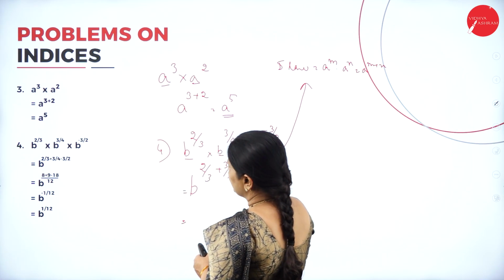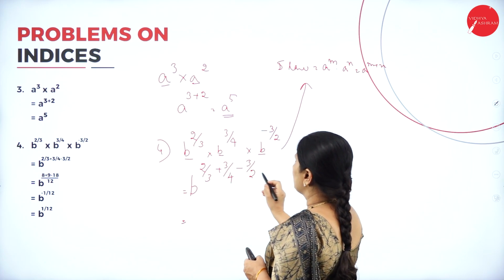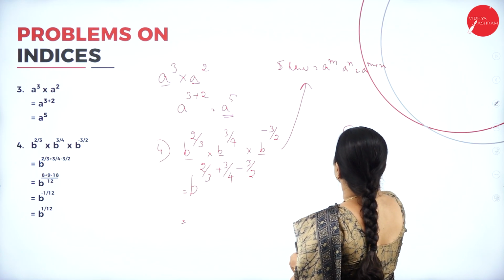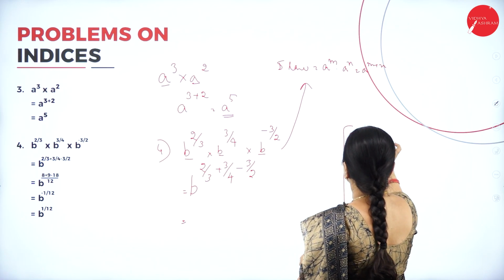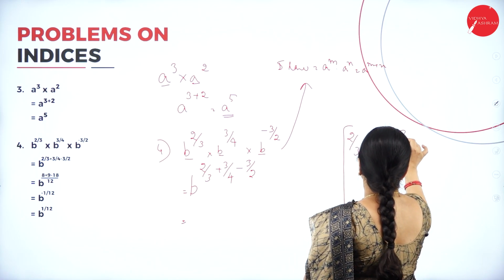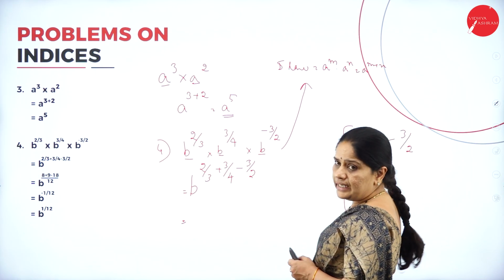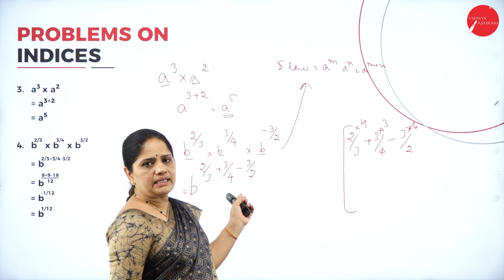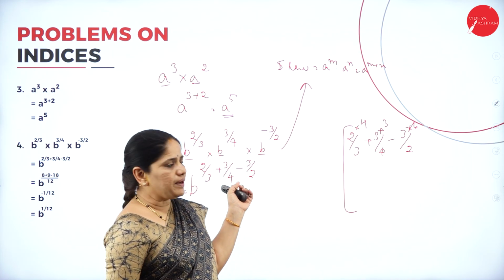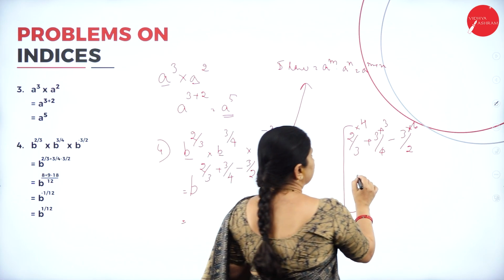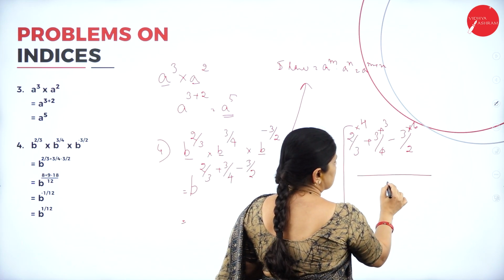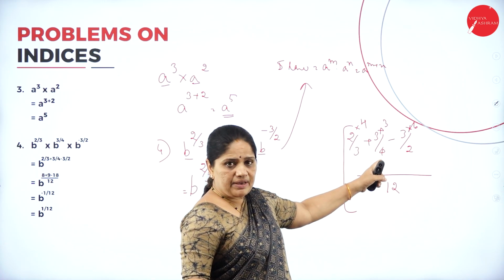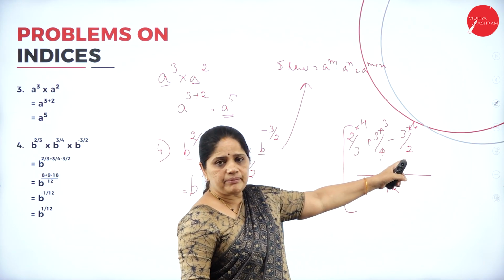Now, here we have to take the LCM of all these fractions. In the working column, I will write 2 by 3 plus 3 by 4 minus 3 by 2. Only the powers are there, so we will be adding all the powers given here. So, I will take the LCM here. 3 4s are 12. 12 is divisible by 3, 12 is divisible by 4, 12 is also divisible by 2.